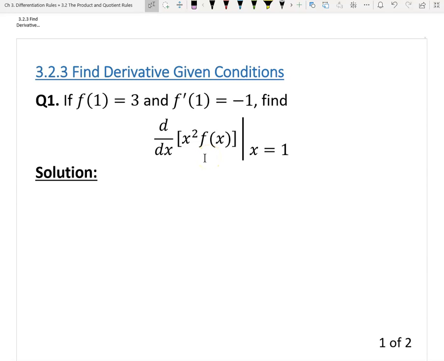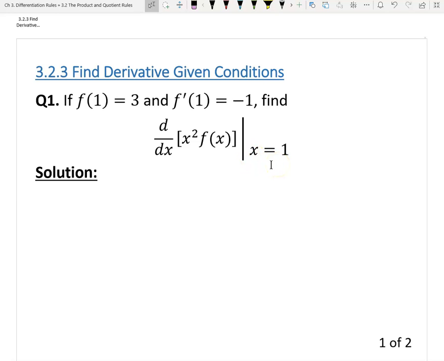For example, here in the first question, given the condition, we are going to find the derivative of this big function. As you know, the function is the product of two functions. Here we find the derivative at x equals 1.